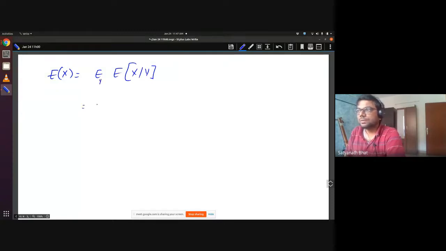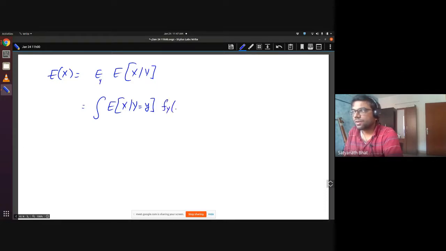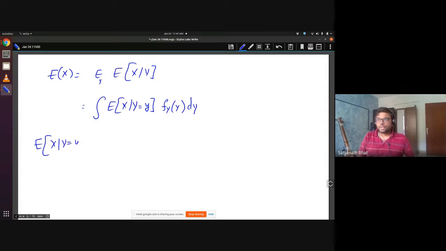So basically this will become an integral, if y is a continuous random variable. The integral of the expected value of x given y equal to small y, times the density of y, f_Y of y dy. And to evaluate the expected value of x given y equal to y, what is the thing that is random here?